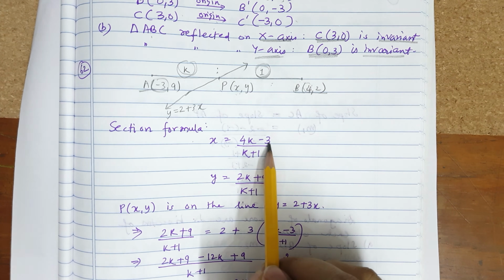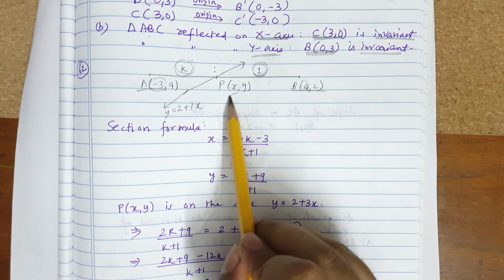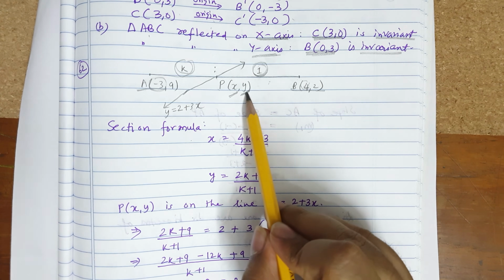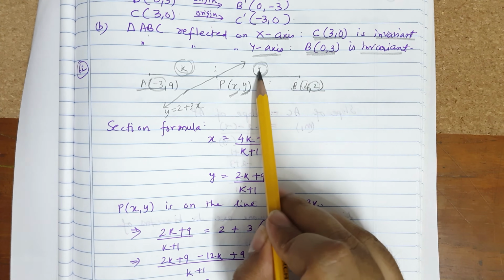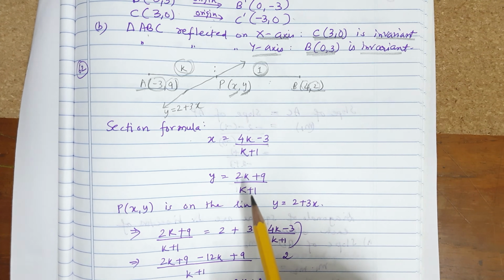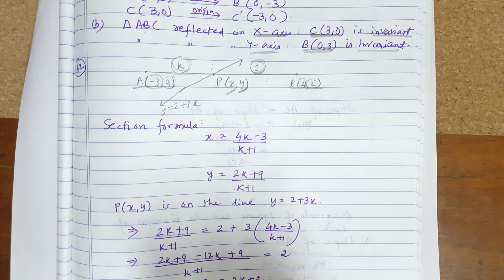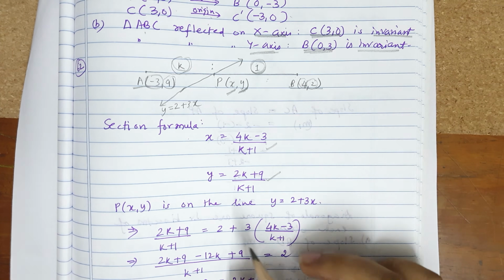So 4k minus 3 divided by k plus 1. That's the x coordinate of point P. And the y coordinate of point P will be equal to k into 2 plus 1 into 9. So 2k plus 9 divided by again k plus 1.